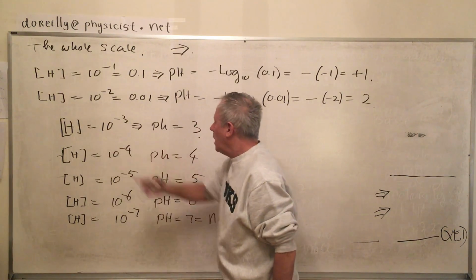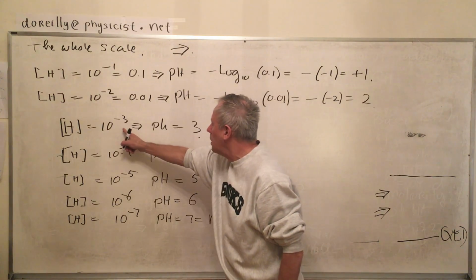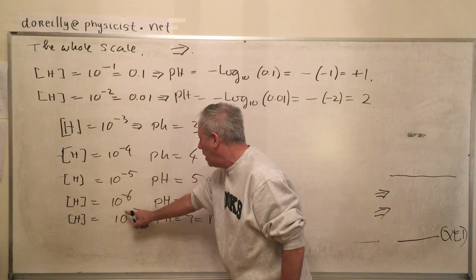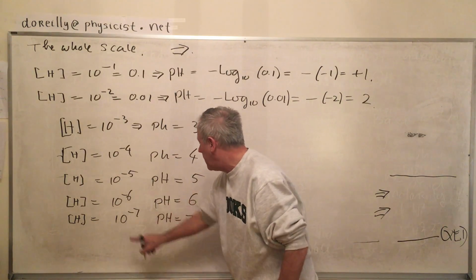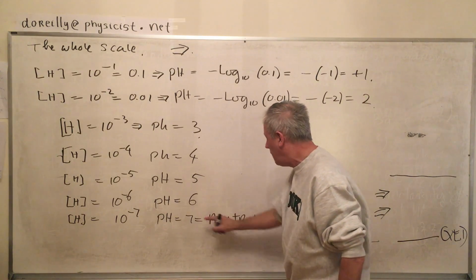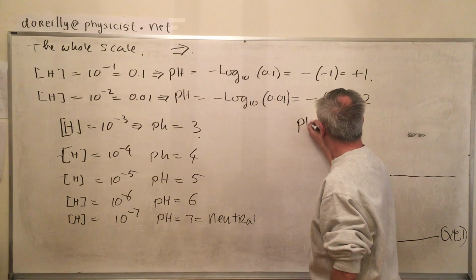So, concentration is 0.001, 0.0001, and so on, and that's the way it works. pH 1, 2, 3, 4, 5, 6, 7, and then you become neutral.